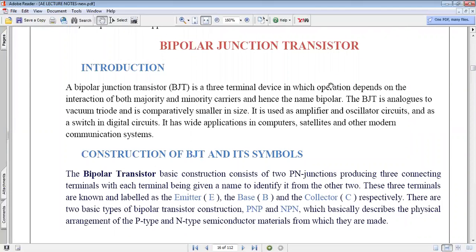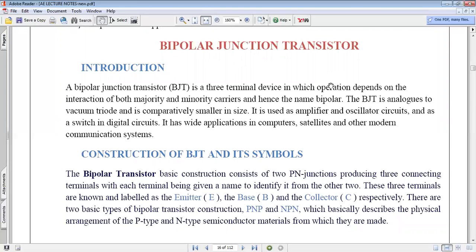Because both electrons and holes are the majority charge carriers and they participate in the conduction of this device. And it is a three-terminal device. Bipolar junction. Junction means it has got two junctions and three layers. And it is called a transistor.